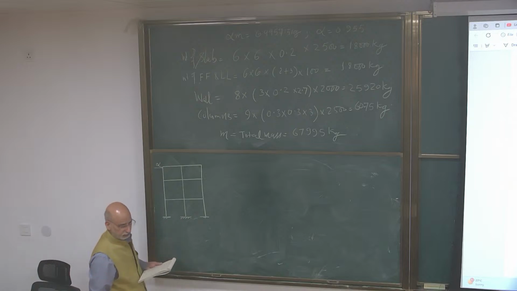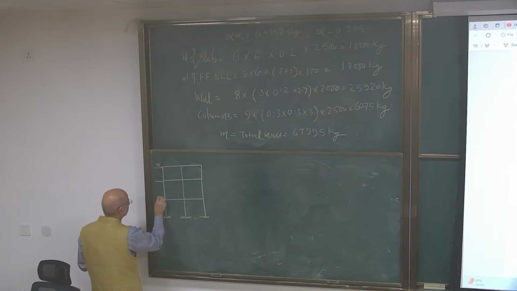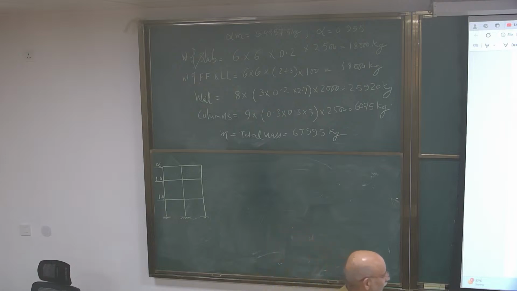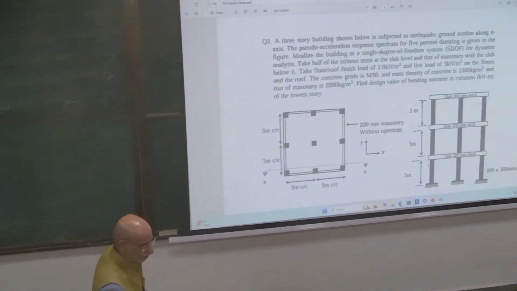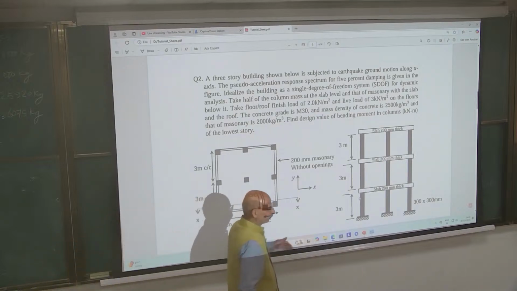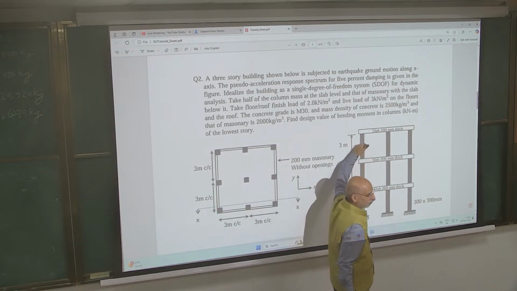Suppose this is alpha, then how much are this one and this one? If I take this as 1, yes, it will be half. Yes, that is true. So whether you have done it or not, you could have done it. Everything is half here; here is full, everything is full, wall as well as column. But here only half of mass is going.